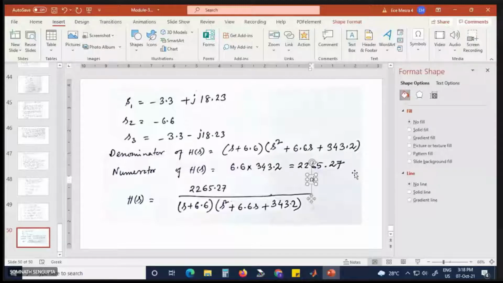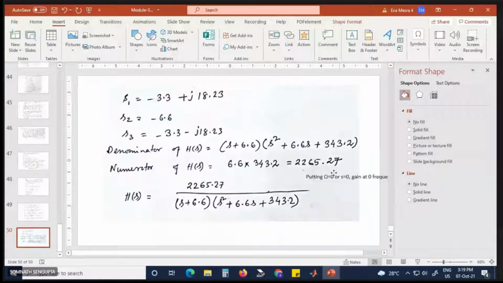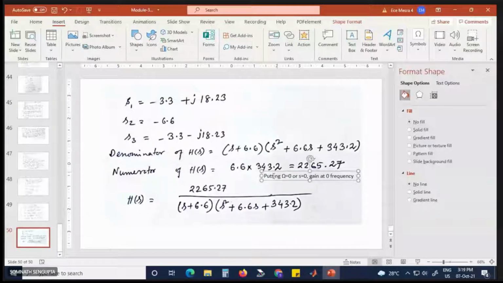That is the gain at zero frequency, that is the maximum gain.